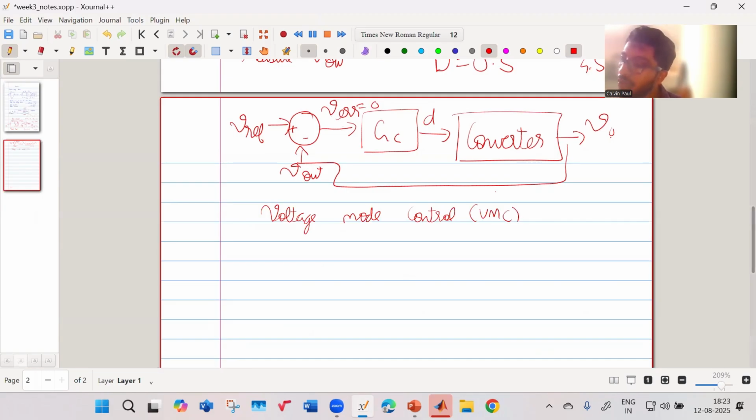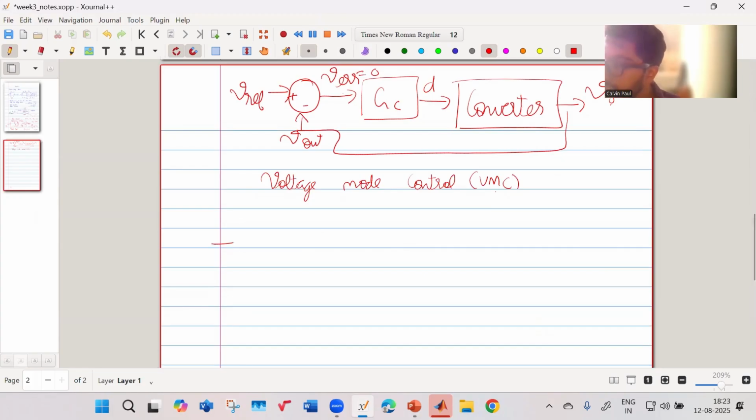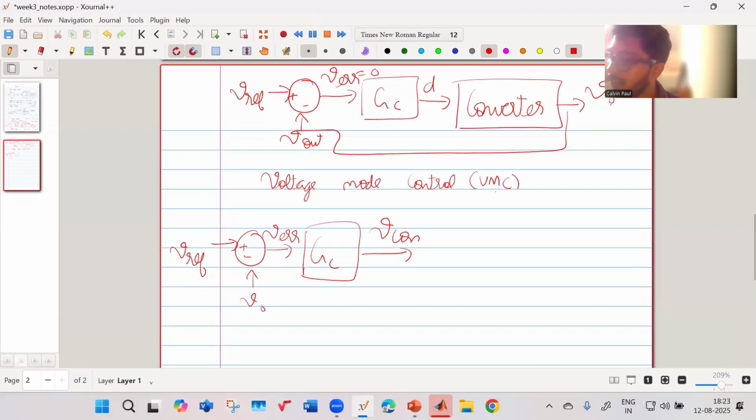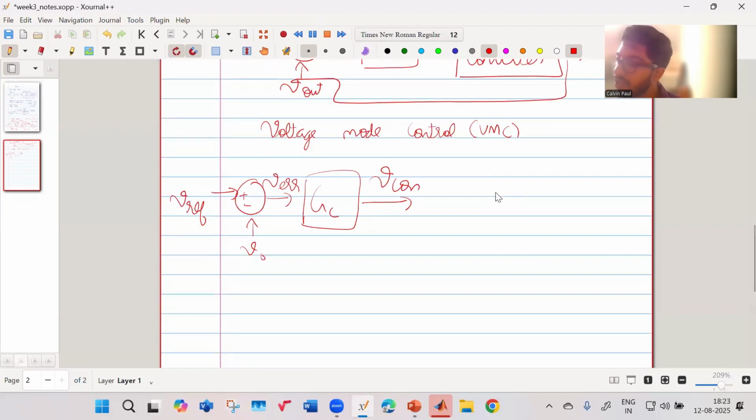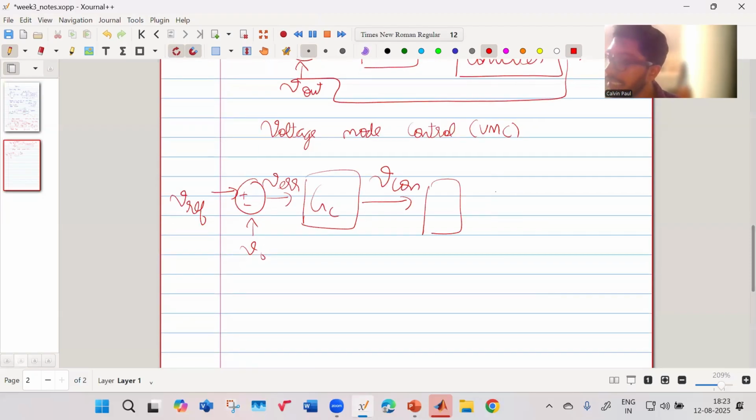So in voltage mode control, we have this reference. You compare it with your output voltage, you generate an error. It passes through your controller. Your controller will generate some command that is your vcon, which is compared with your ramp. This is your sawtooth ramp.